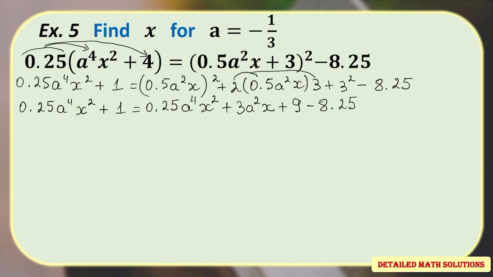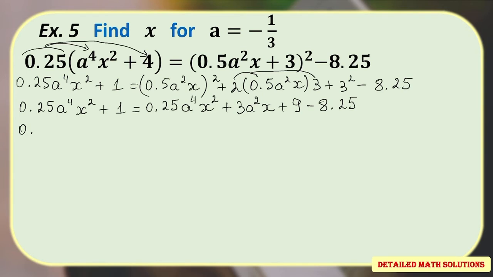Next, I need to group all terms that have the variable x and are on the right-hand side of the equation. I need to group them on the left side. When I do that, they become with opposite signs.